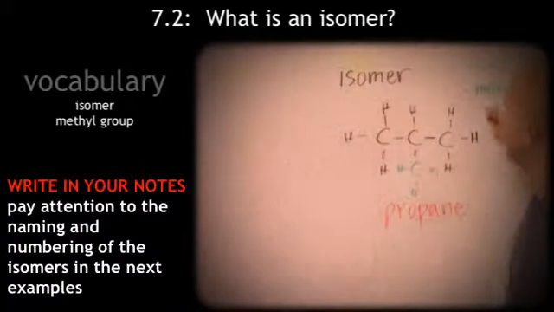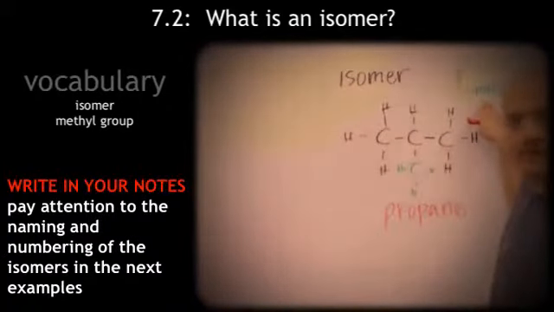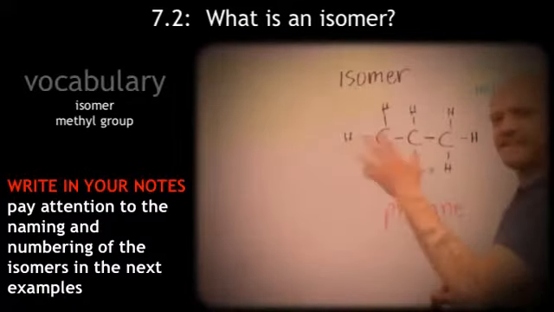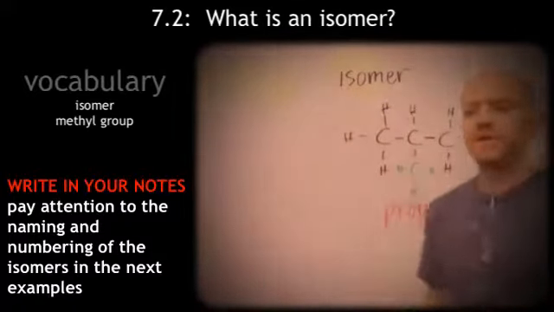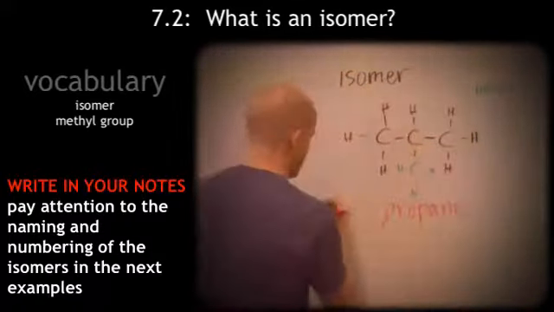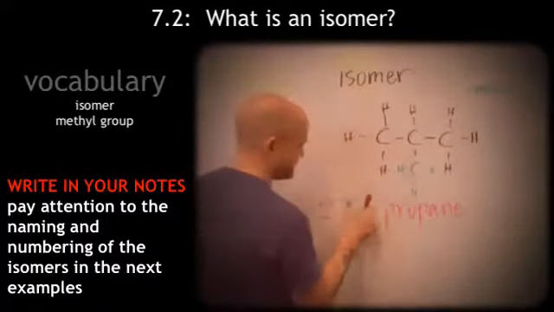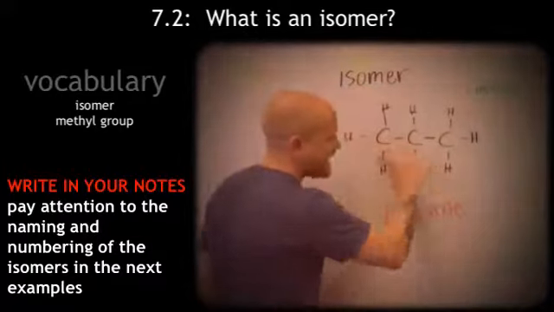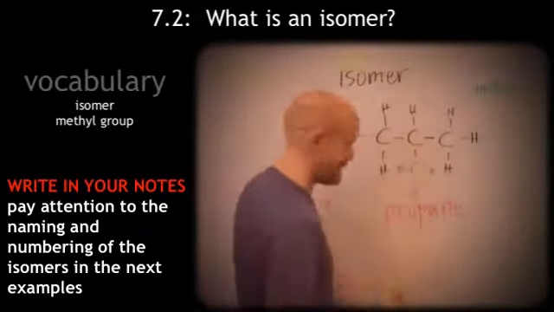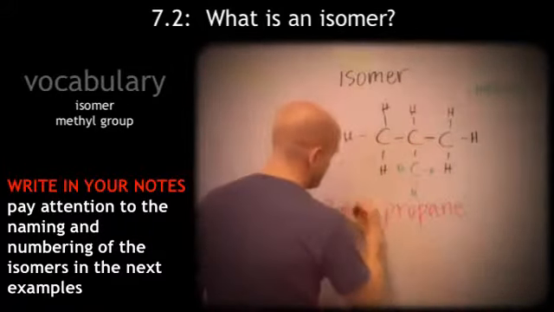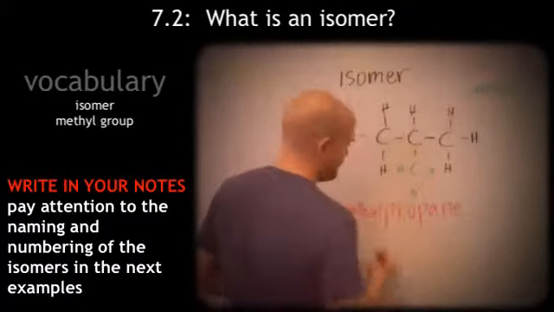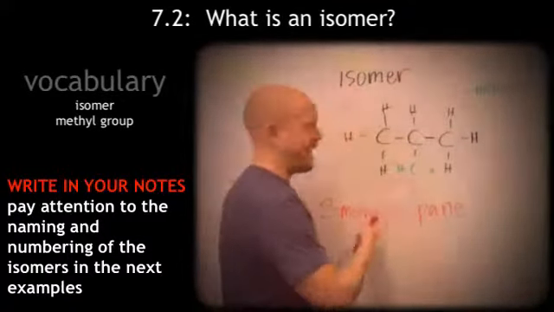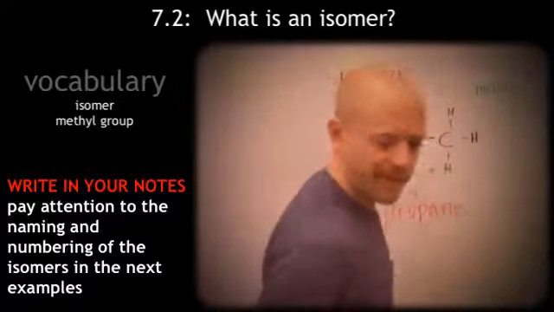We have what is called a methyl group, sticking on the second carbon. So we put the number first, 2, because that's the carbon it's on, and then write what's sticking on carbon 2, in this case a methyl. So it is 2-methylpropane. That is how we name this compound.